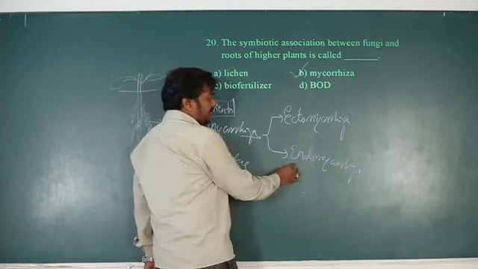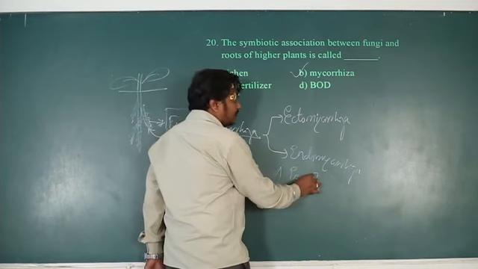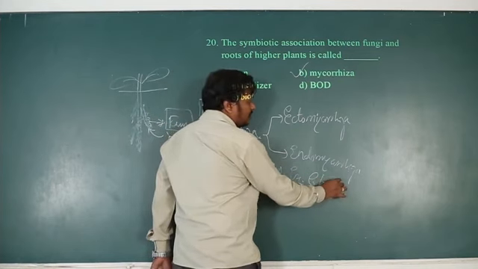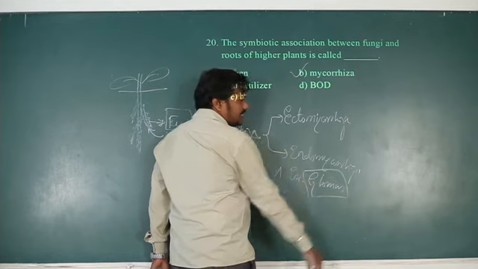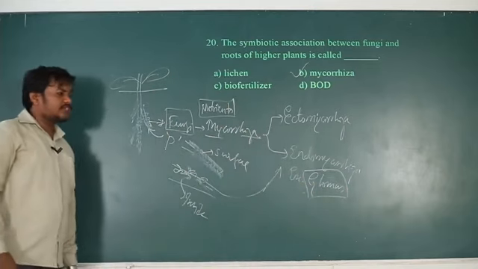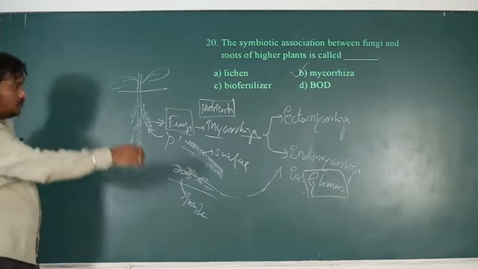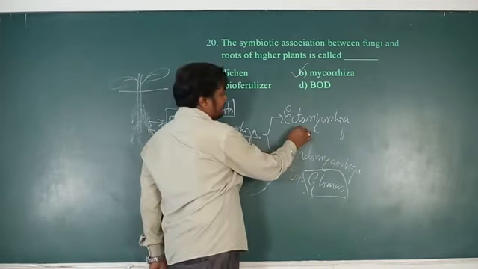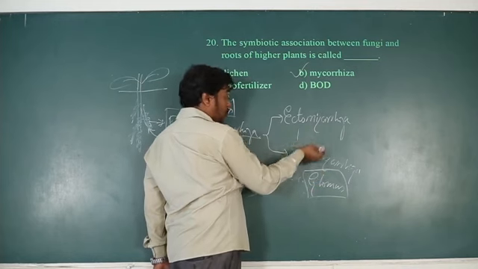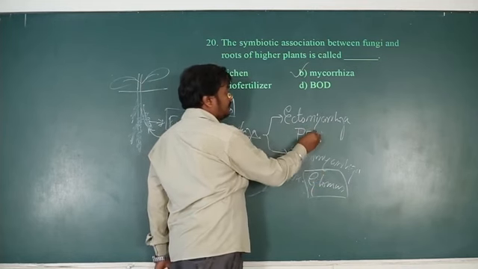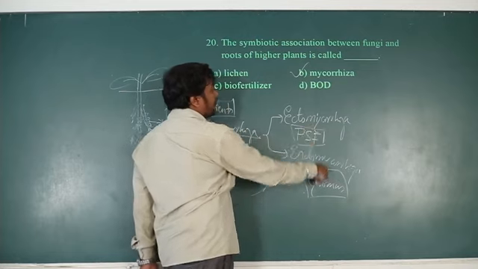Okay, so ectomycorrhiza and endomycorrhiza. One specific example for endomycorrhiza, you need to remember, is the organism called Glomus. Glomus is the endomycorrhiza which gives nourishment to the plant. Those endomycorrhiza and ectomycorrhiza are classified under a broad group called phosphate solubilizing fungi, PSF, they say.